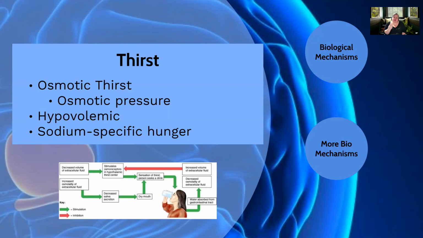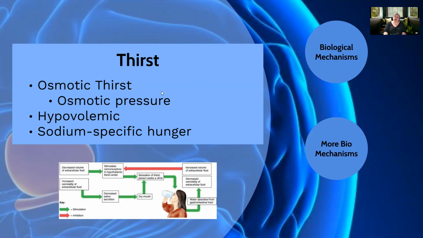That cues these neurons to recognize that we've got a disruption in our sodium balance and we need more water. So it triggers that thirst. It's the osmotic pressure triggering different neurons to detect that loss of water, and then it triggers that motivation or drive to drink some fluids or some water.